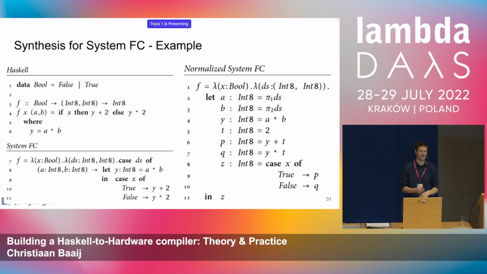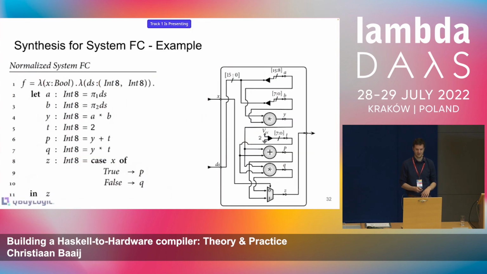That's what the pi is for. And so on the right-hand side, we have this very normalized FC. And again, we have a very syntactic, trivial translation from Haskell in normal form to the circuit on the right.